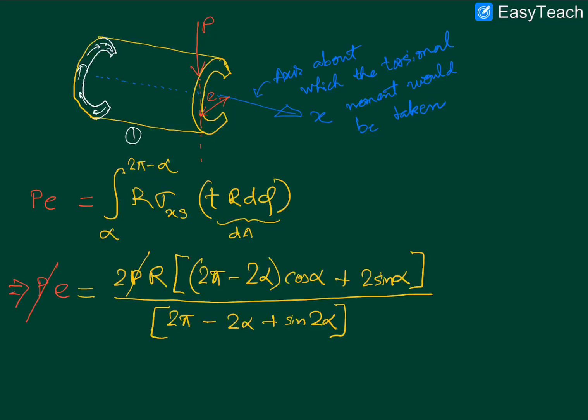Yes, by virtue of the nice symmetry of the problem, it will be exactly lying on an axis which is parallel to the z-axis. So let's mark that out in white color. This will be the location of the shear center.